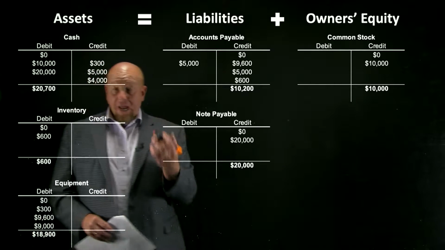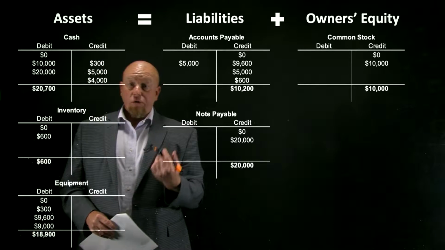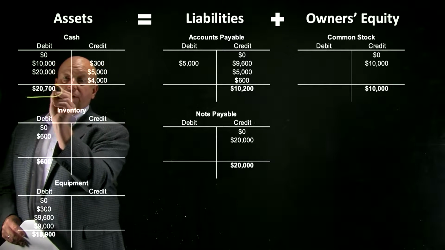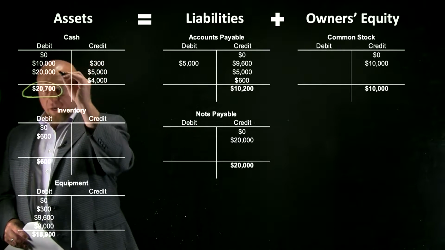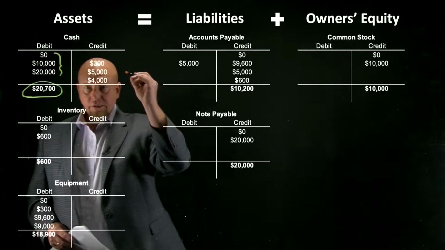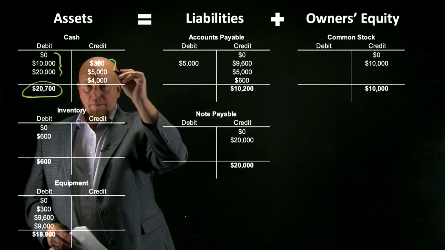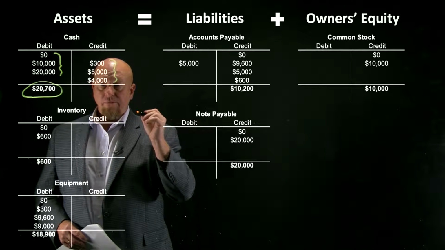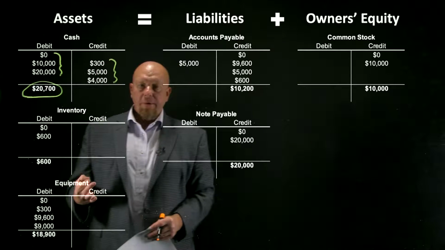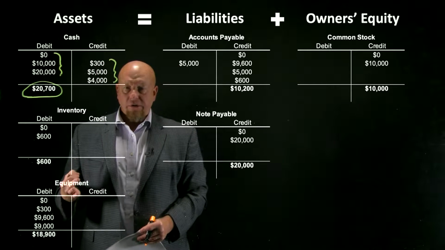Cash is an asset account. Assets normally have a debit balance. So what we're seeing here, if you were to add up all these debits, combine them, that's $30,000, and then add up all these credits and subtract them from the $30,000, this cash account has a net debit balance of $20,700.